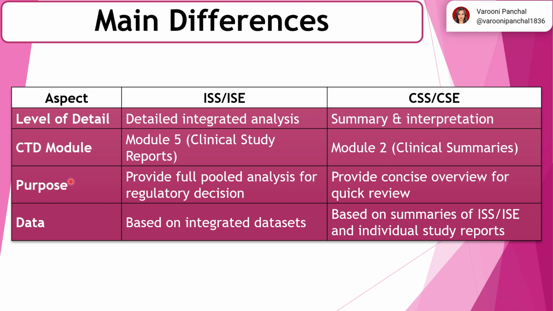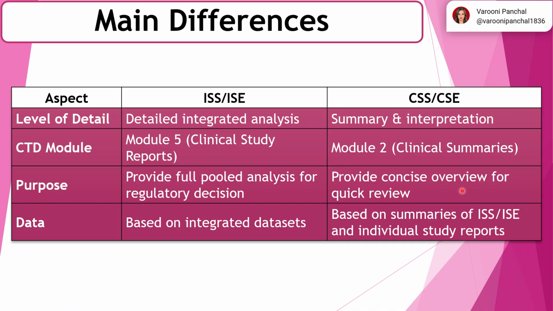The CTD module is Module 5 in ISS and ISE for the clinical study reports, whereas in CSS and CSE it is Module 2, which is similar to clinical summaries. The purpose for ISS and ISE is to provide full pooled analysis for regulatory decision, whereas for CSS and CSE it is to provide a concise overview for quick review. So this is what the difference is.